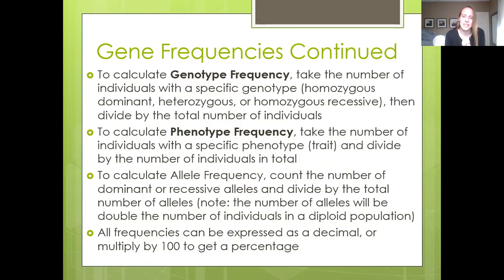And then to calculate allele frequency, you count the number of either dominant or recessive alleles and then divide it by the total number of alleles, which will be twice the number of individuals because every individual has two alleles for each gene. And then all of the frequencies can be expressed as a decimal or a percentage if you just multiply by 100.